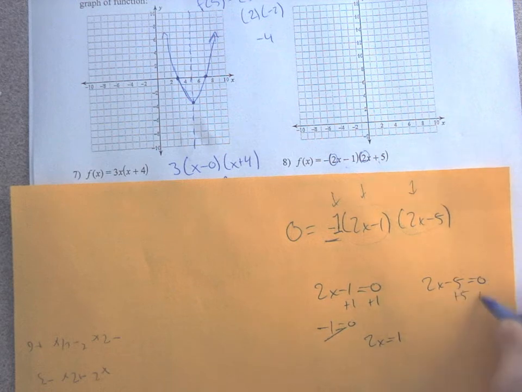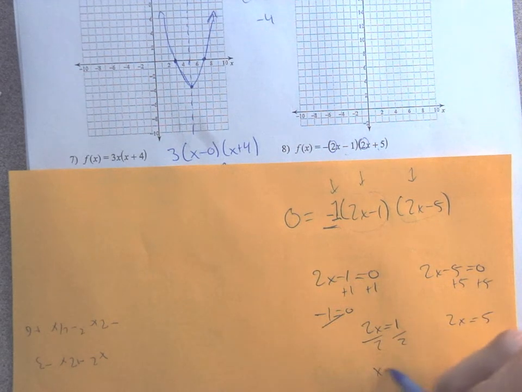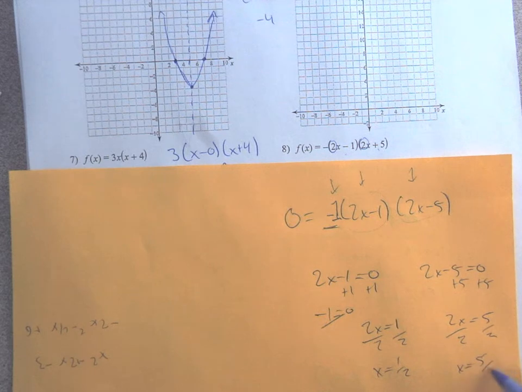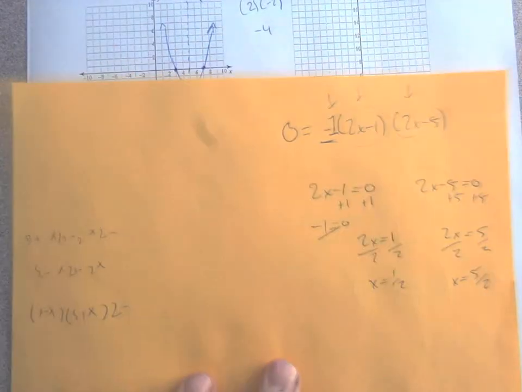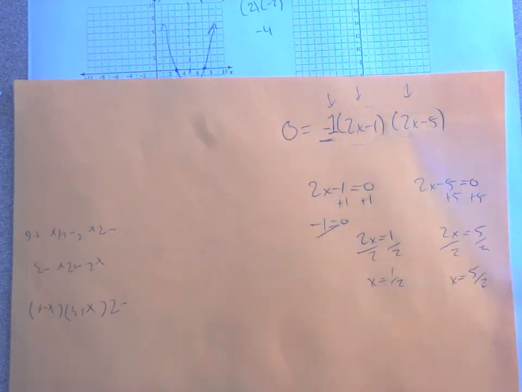Over here, +5, I get 2x equals 5. Then I divide both sides by 2, and I get x equals 1/2 and x equals 5/2, or like 2.5, basically. So that's a little funky, but we can still figure that out based on our zero product property. Not quite as easy as just grabbing them because of these guys.